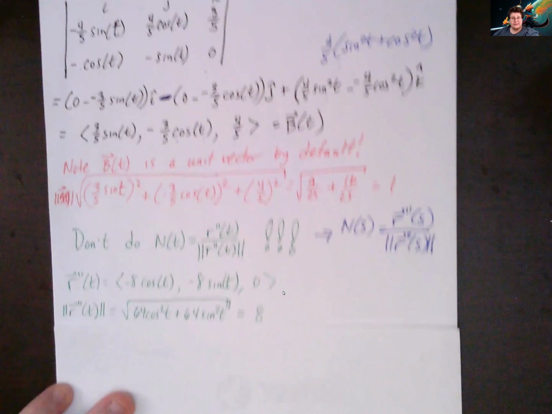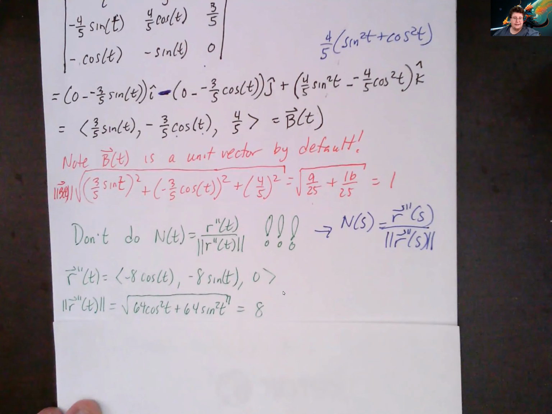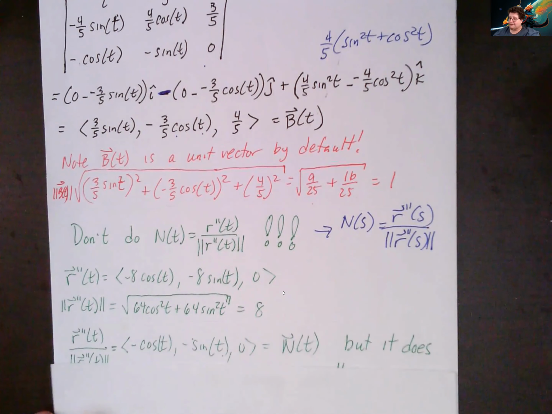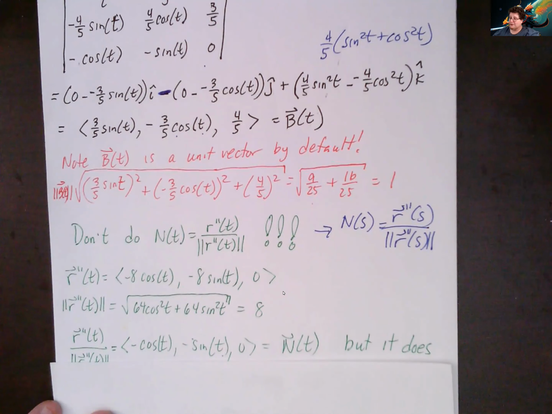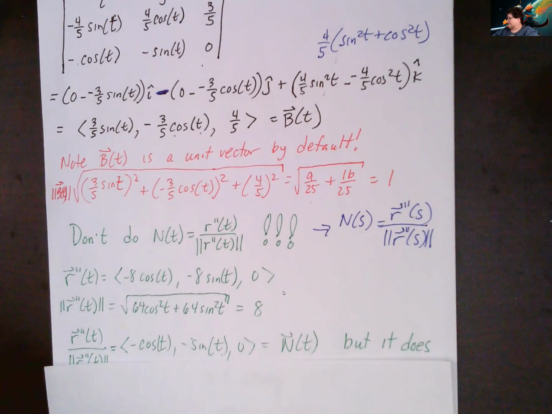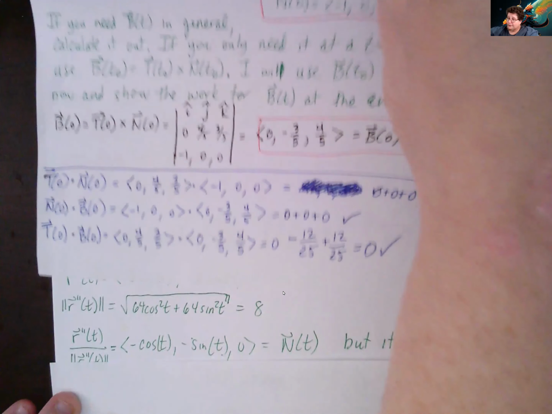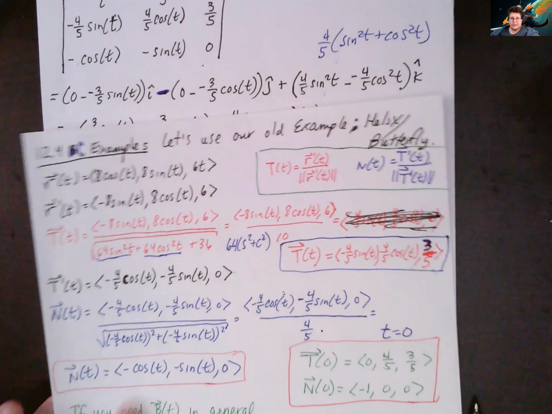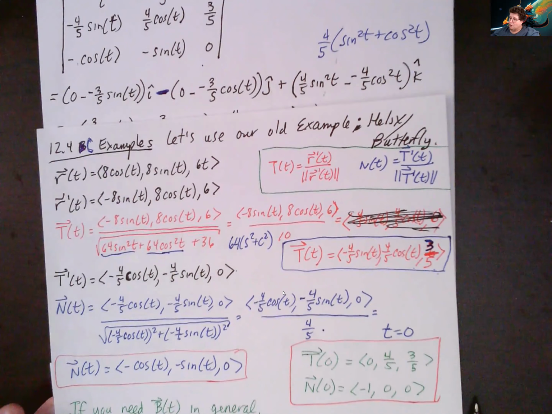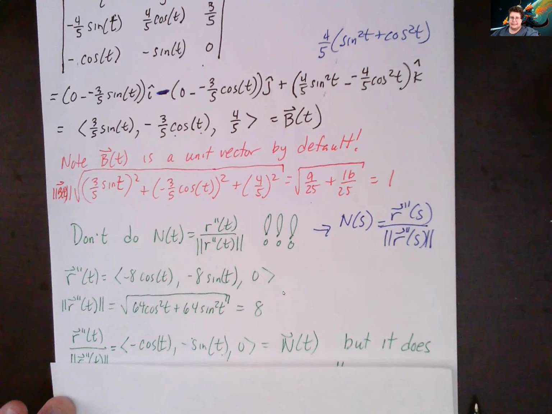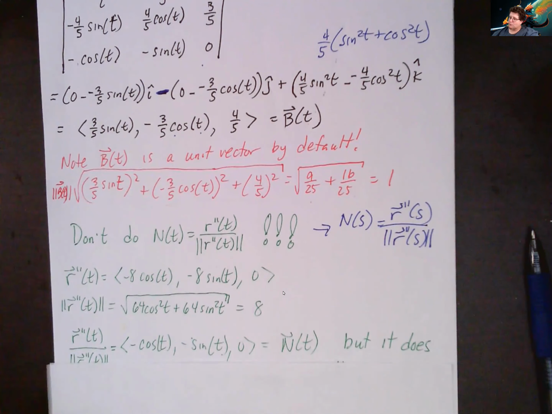The second derivative is negative 8 cosine, negative 8 sine, and 0. We find the magnitude of the derivative, it's 8. When we divide it in, we get negative cosine t, negative sine t, and 0. This is a unit vector, and it's the same normal vector that we had before up here. We had negative cosine, negative sine, and 0. We got that here, but it's coincidence. You'll see in the next problem it doesn't work.